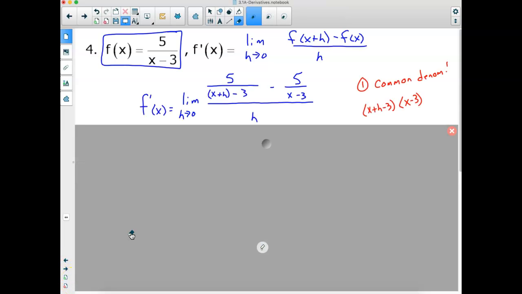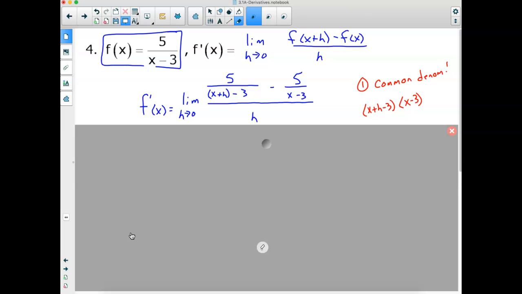So if you went through and plugged in, you're going to notice I'm the parenthesis freak. If I plug in x plus h for all my x's, it only goes in for that one right there. Notice when I plugged it in here, I have 5 over x plus h in parentheses, minus 3. Is there really a need for those parentheses in this case?